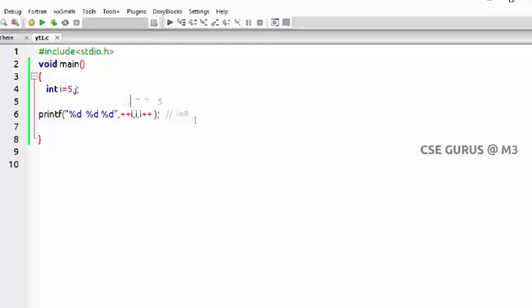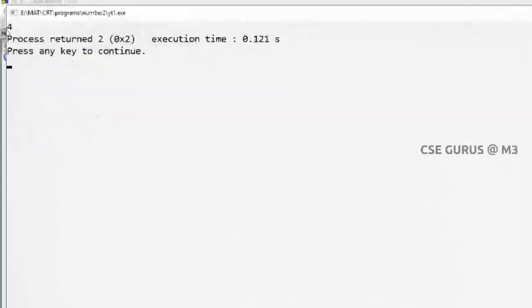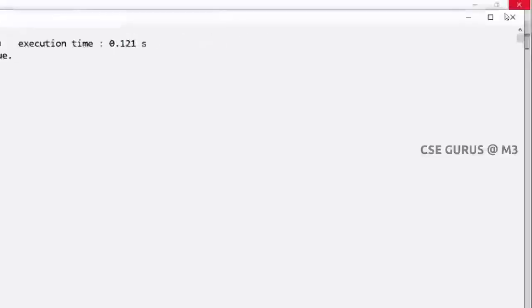And of course the final one is the decrement operator. The same rules will be applicable for decrement, whatever I explained. One example I'll take. It is decrementing, so the value will be decremented. If I write --i, that means the 5 value will be decremented, and only then it prints, so the value will be 4. Yeah, you can see the answer as 4.